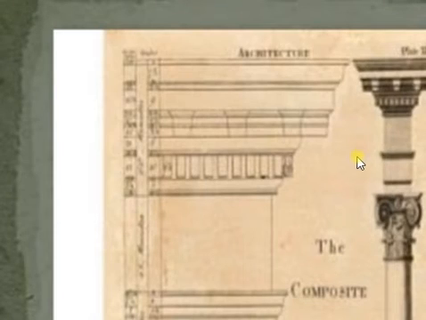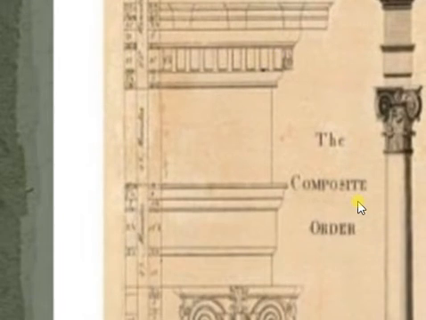So the features of this order are tall cylindrical columns having 10 diameters height, and capitals with acanthus leaves with big scrolls. The volutes were adapted from Egyptian capitals.